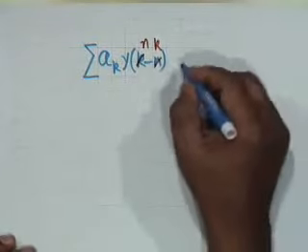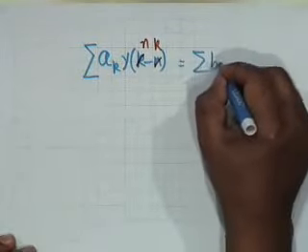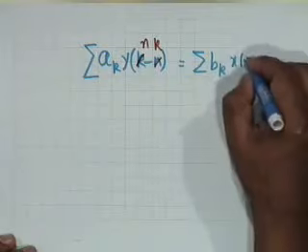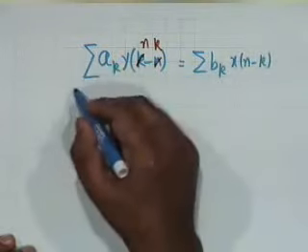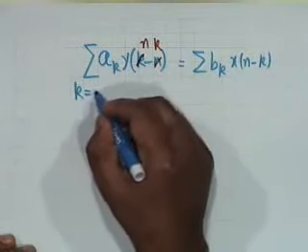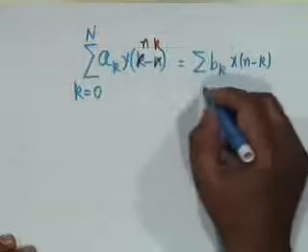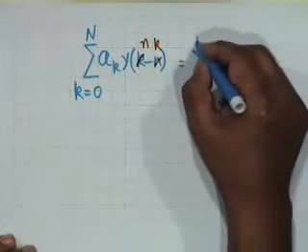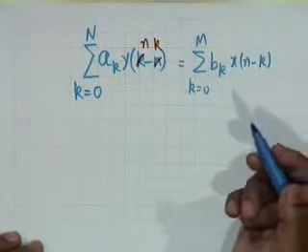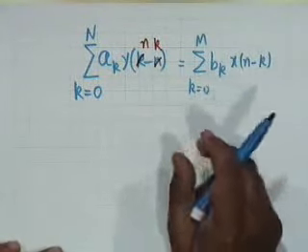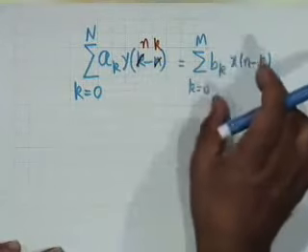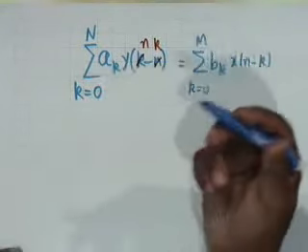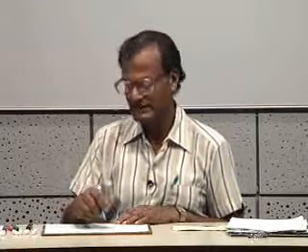That should be equal to summation b k x of n minus k, where k may go from 0 to capital M, and M and N are not necessarily equal. They can be constrained by any equality or inequality relationship.